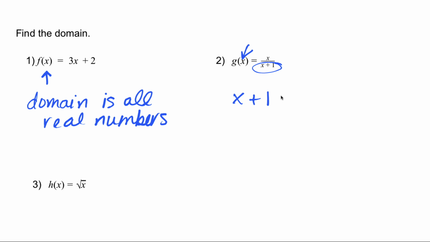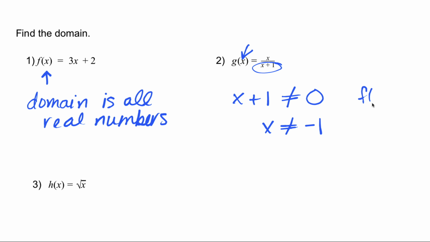So x plus 1 cannot be 0. Well, when is it 0? Well, this is an equation with a not equal to symbol, and I can solve that. I can say, well, I'm going to subtract 1 from both sides, so x cannot ever be negative 1. But it can certainly be negative 2.